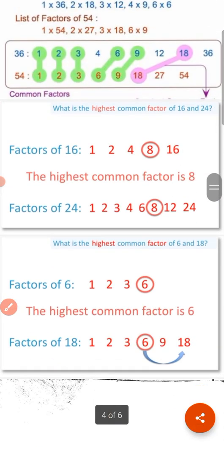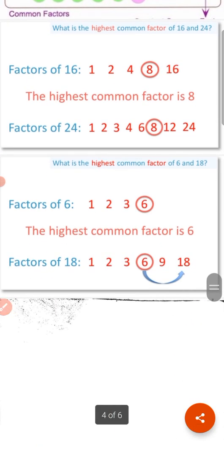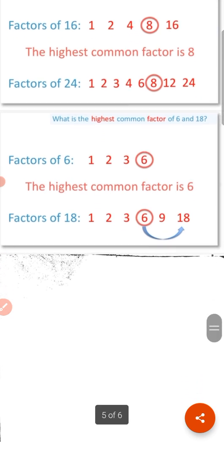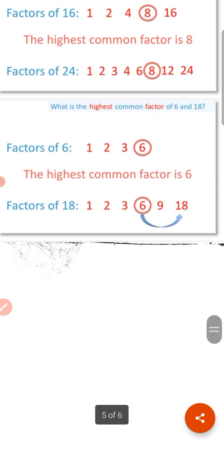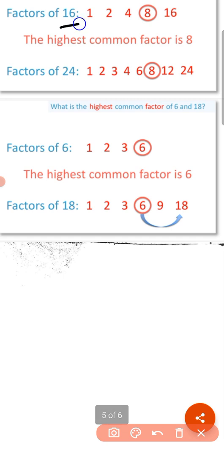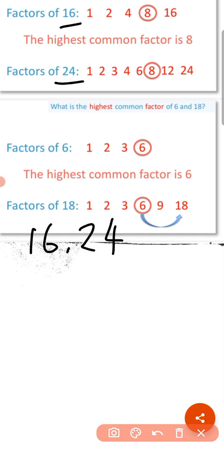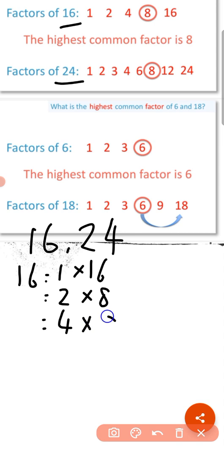Now let us do more examples, children. Next we are finding the HCF of 16 and 24. Find the factors of 16 first. 1 into 16, 2 into 8, 4 into 4.